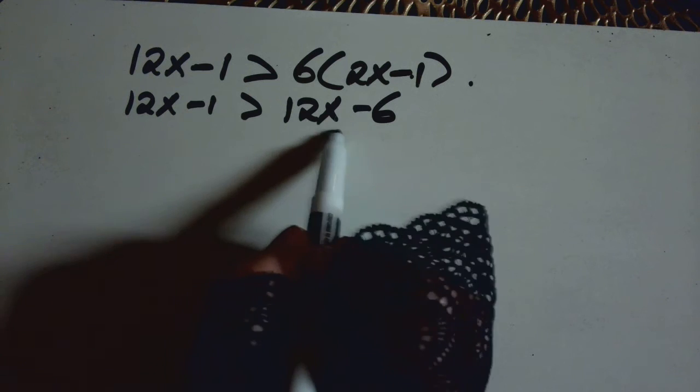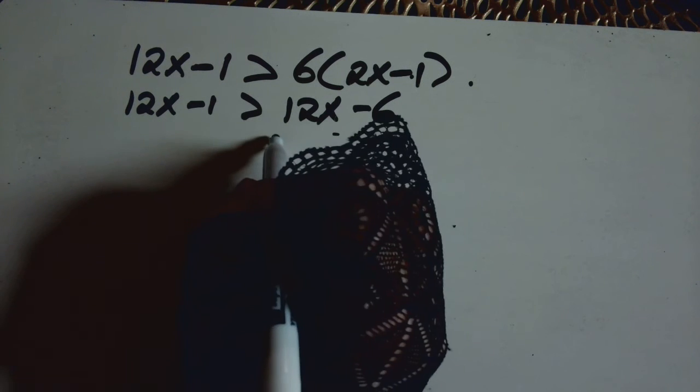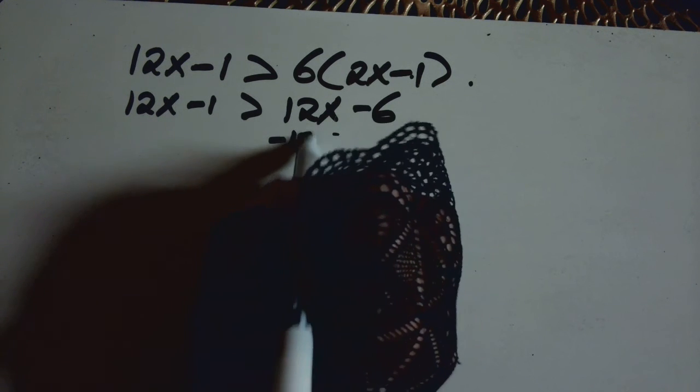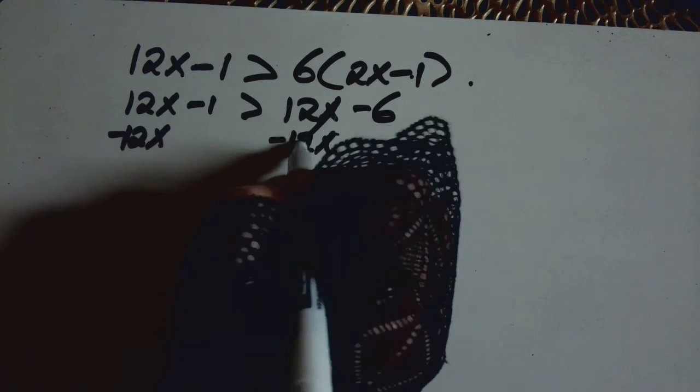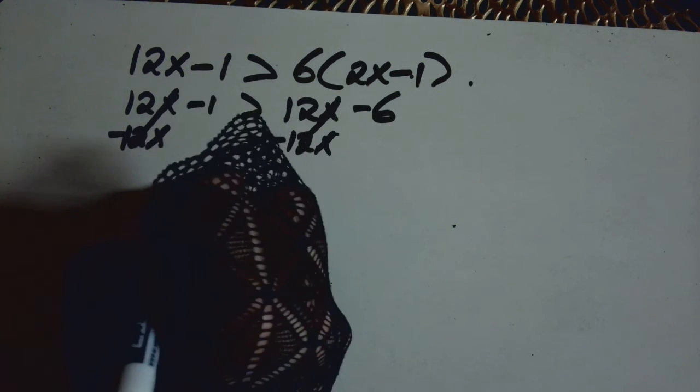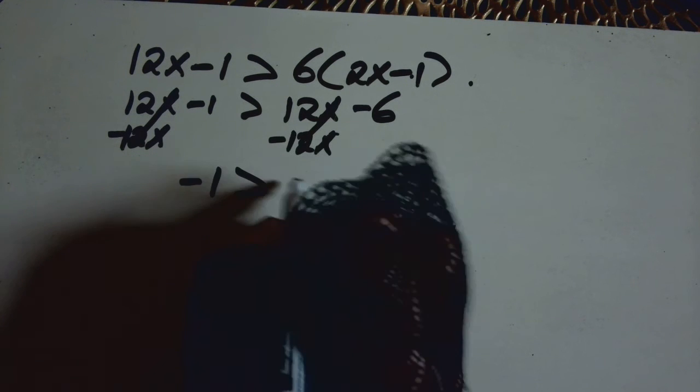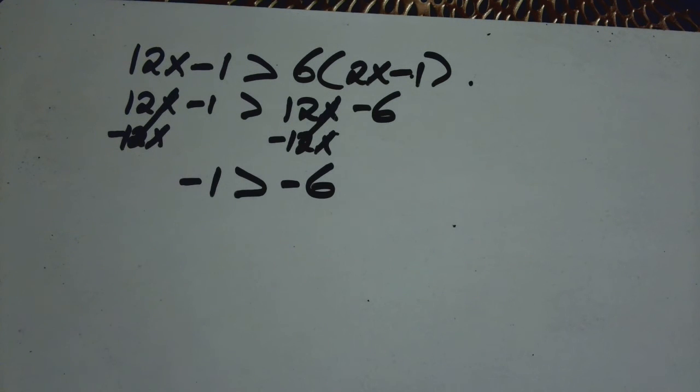So again, you can see that you have the same thing. So that means your x's are going to cancel out. So let's look and see what the statement says. Bring it down. Negative 1 is greater than negative 6. So you read the statement, and is negative 1 greater than negative 6? Yes, it is.